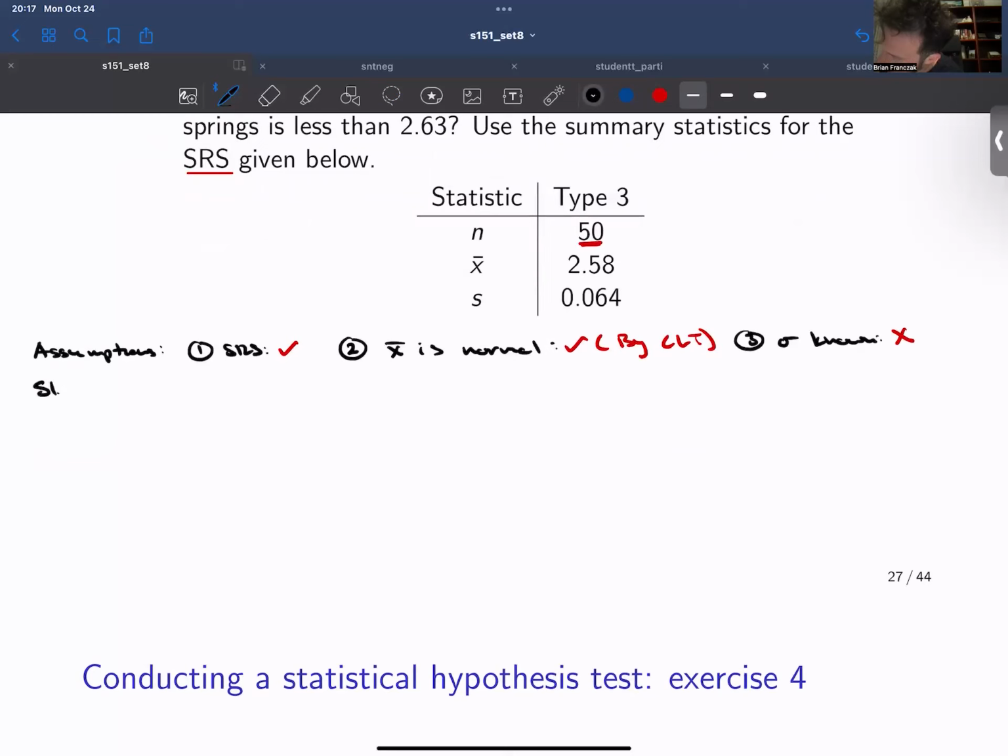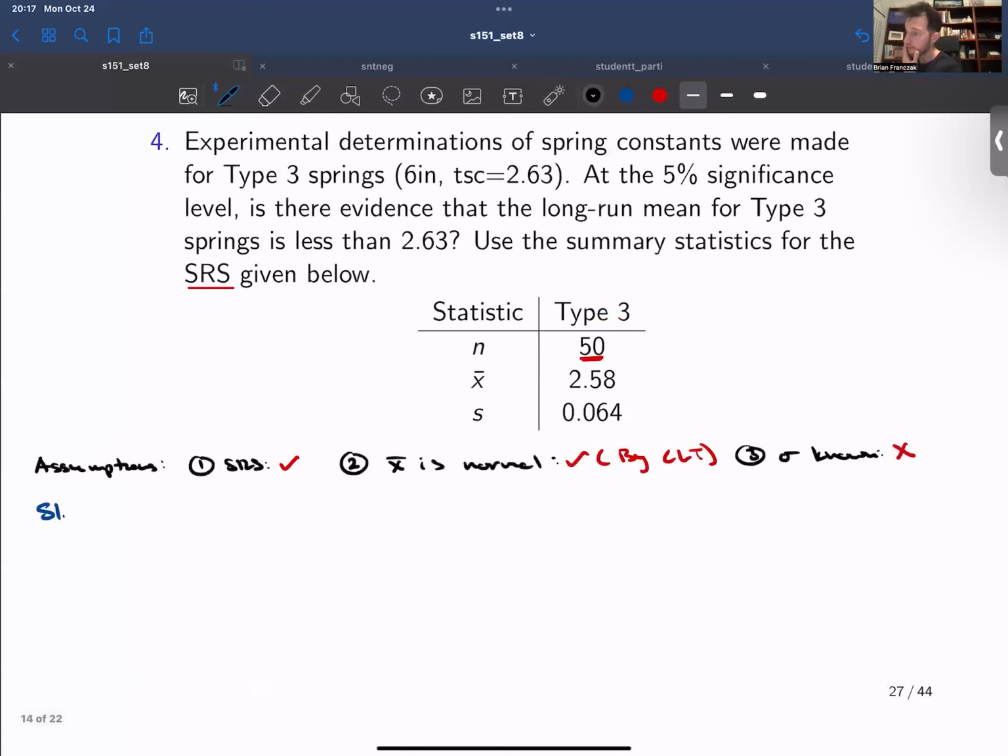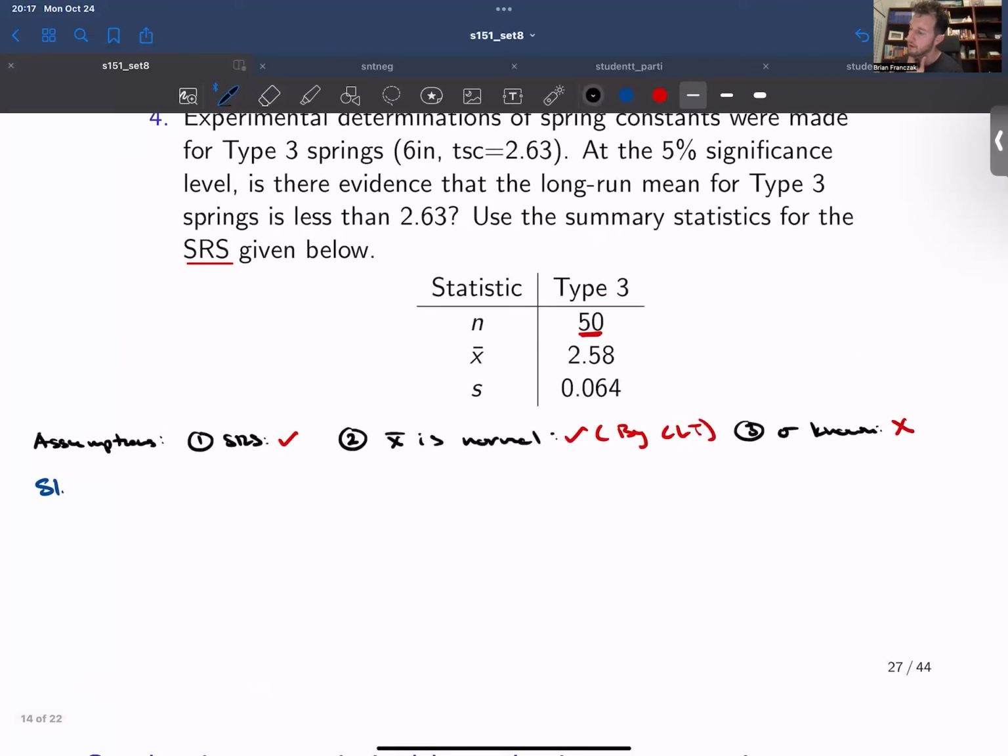On step 1, we have to state our null and alternative hypothesis. We want to test if there's evidence that the long run mean for type 3 springs is less than 2.63. So we have mu equals 2.63 versus the alternative that mu is less than 2.63.